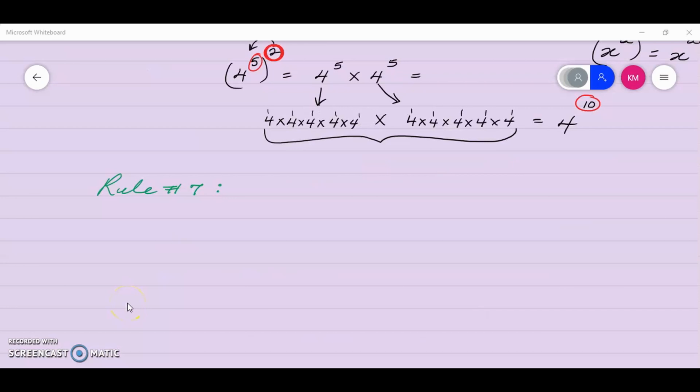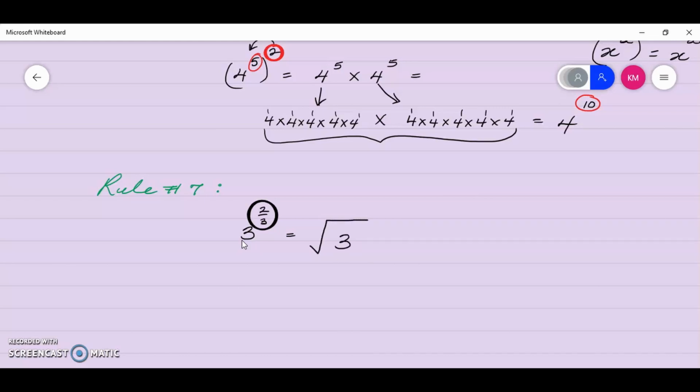Now on to rule number 7. Now this rule is simply one that you may not be able to analyze and that you may just have to learn off. It is one that looks like this. Let's say you have 3 to the power 2/3. So we are seeing that our index here is a fraction. Now when this happens, we simply find our root of our base.